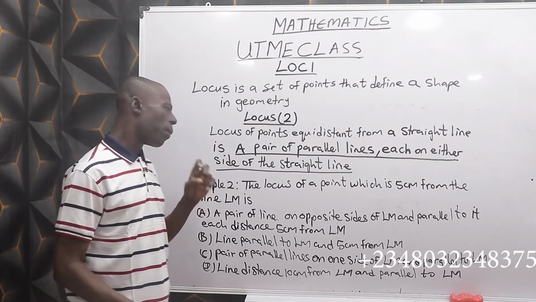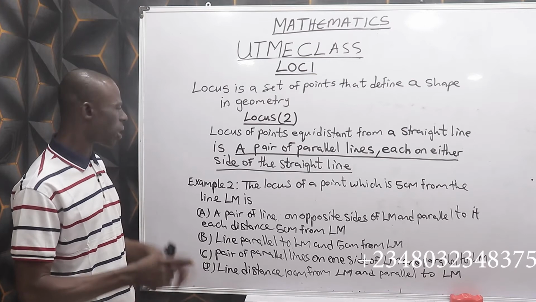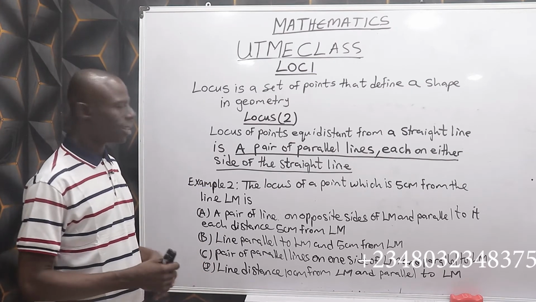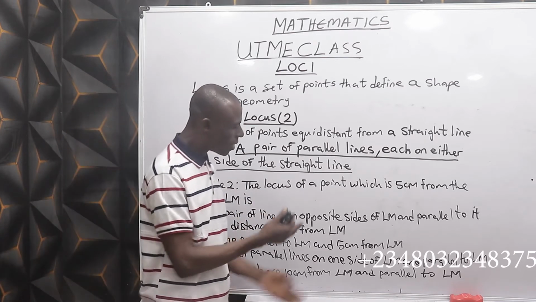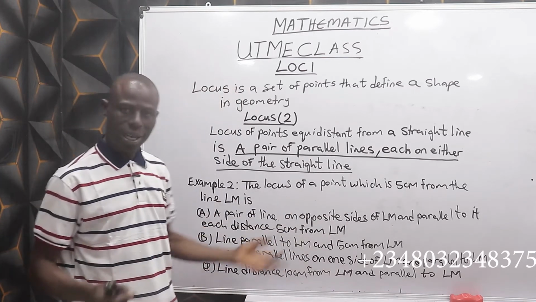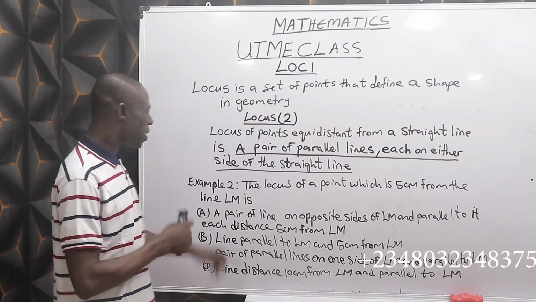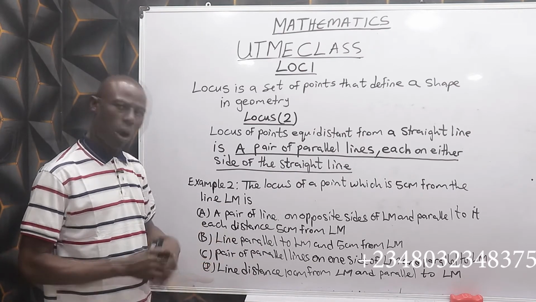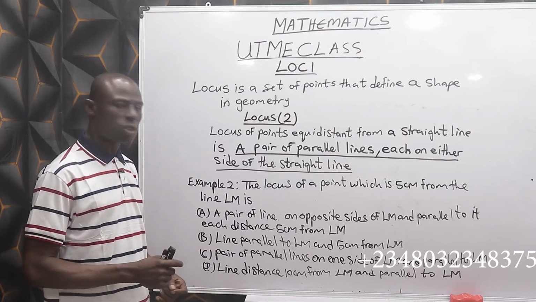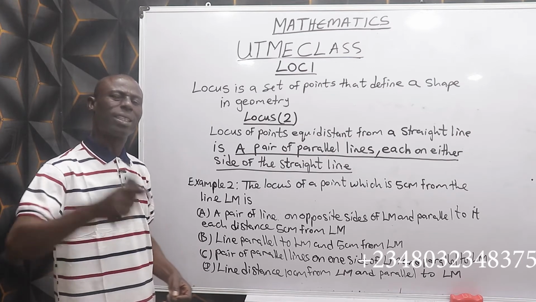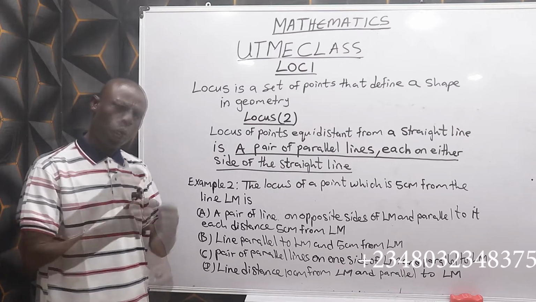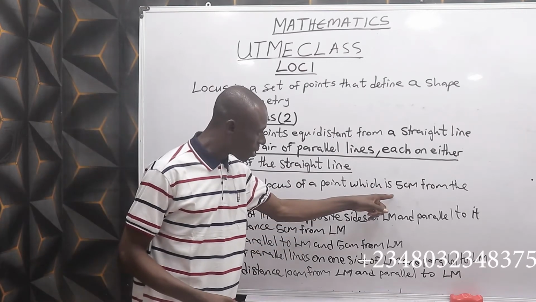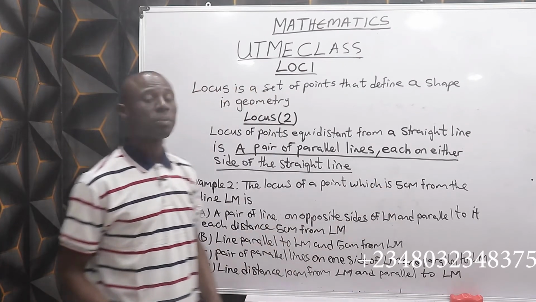The locus of a point which is 5 centimeters from the line LM is, don't forget, in this case, we are given the actual distance, 5 centimeters. In the first example under this, we are not given actual distance. We are only told locus of a point that is equidistant, that is, that have equal distance. So it's the same thing. The equal distance in this case is the 5 centimeters.